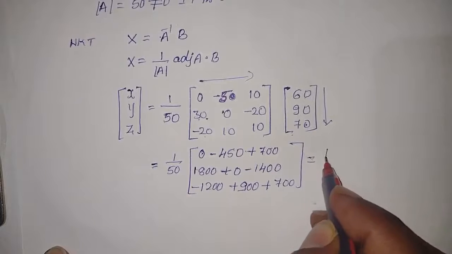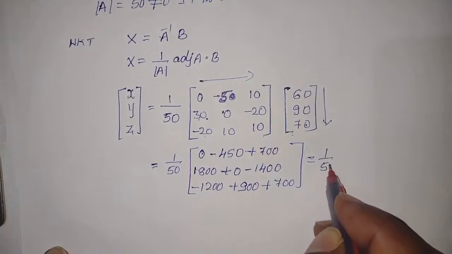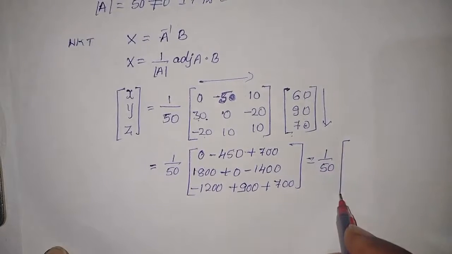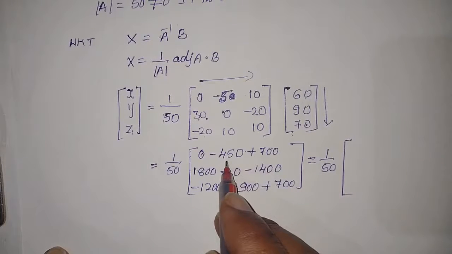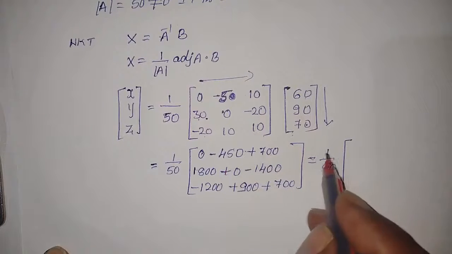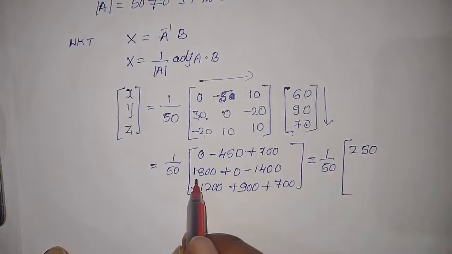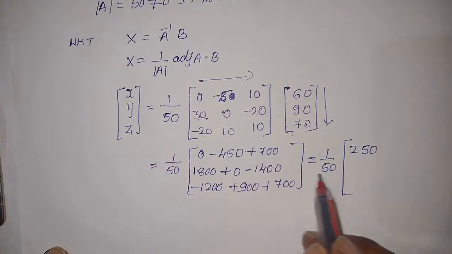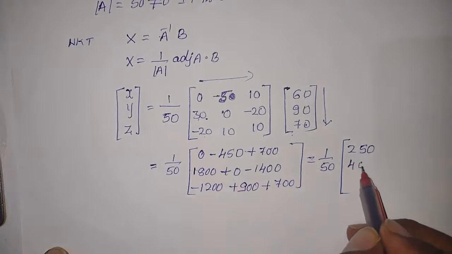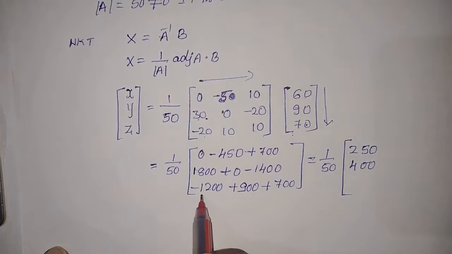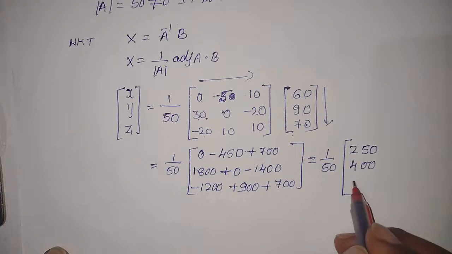Which is also equal to 1 divided by 50 into 700 minus 450 means 250, 1800 minus 1400 means 400, and minus 1200 plus 900 plus 700 is 400.